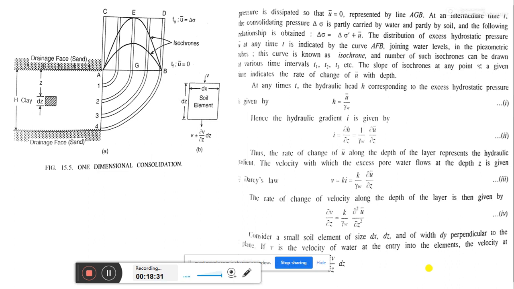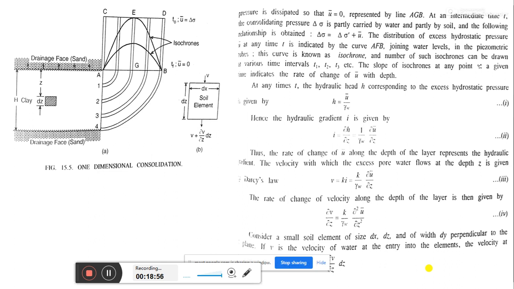Figure 15.5a shows a clay layer of thickness H, sandwiched between two layers of sand. Two layers of sand are present, which serve as drainage faces.